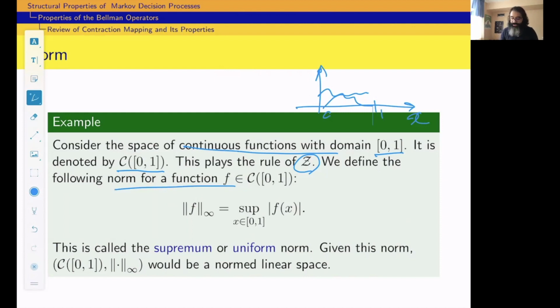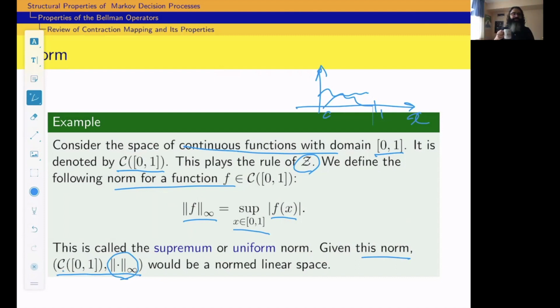It is called the supremum norm or uniform norm, and it is defined as follows: we take the absolute value of f at x, compute it over all x between 0 and 1, and take the supremum, the maximum, of it. Given this norm, the space C[0, 1] with the supremum norm is a normed linear space. We can also define a metric from it by just taking its distance.